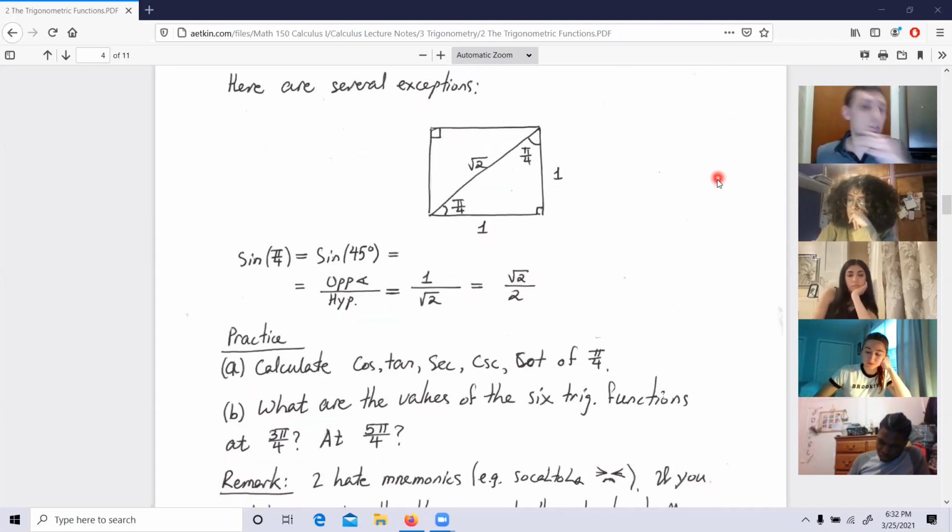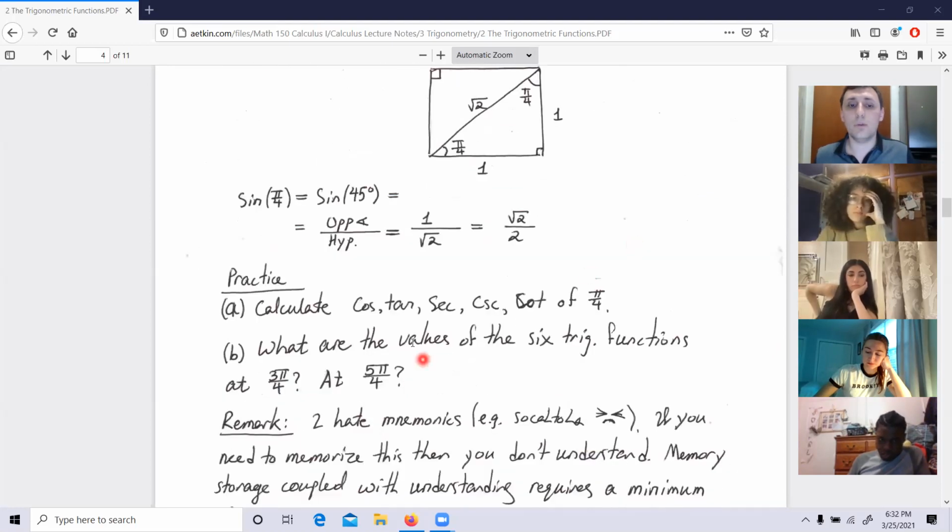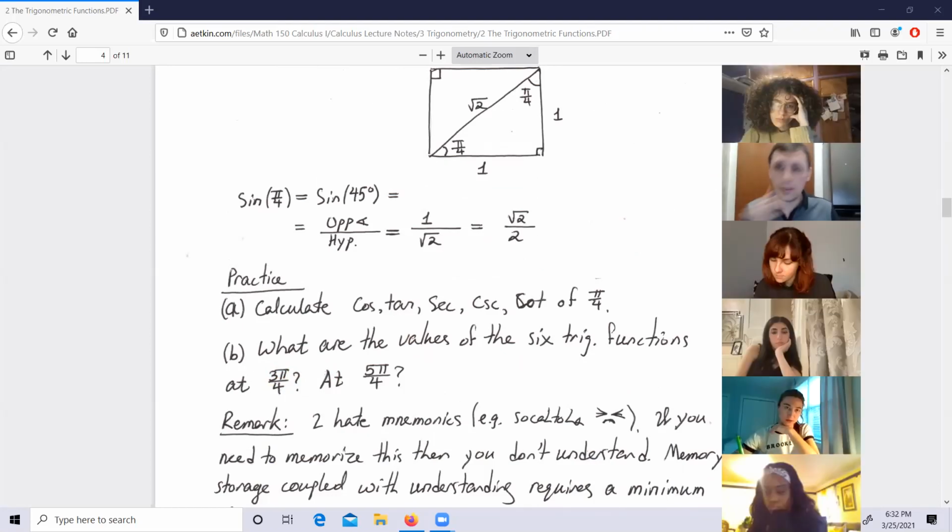Now, if you understood this, guys, please tell me what are the values of, let's say, cosine and sine at 3 pi over 4. You understand? 3 pi over 4. How do we use the fact that we know cosine and sine at pi over 4 to figure out what they are for 3 pi over 4?